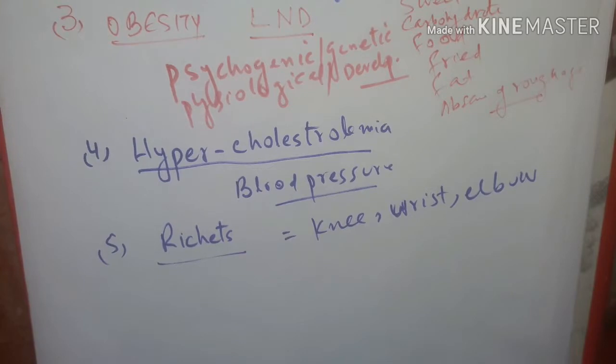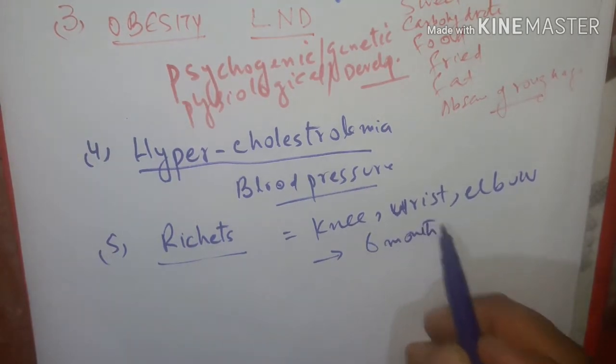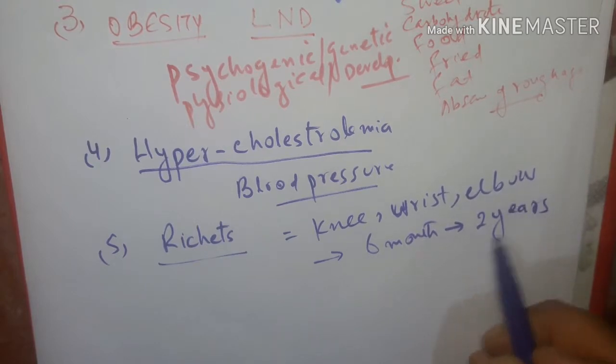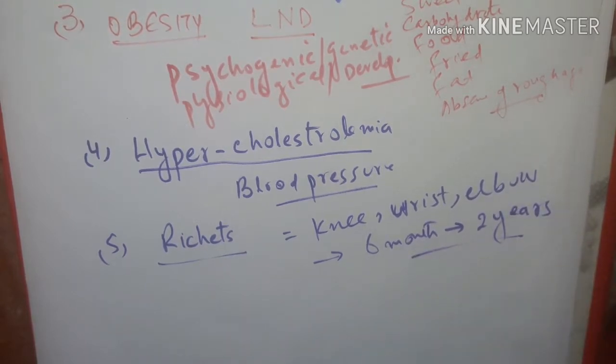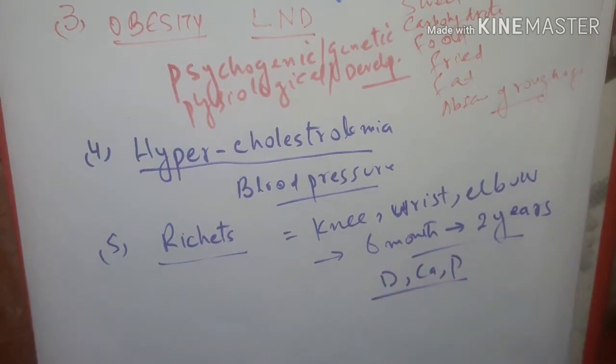It occurs in children of 6 months to 2 years, when their diet is deficient in vitamin D, and in calcium and phosphorus. So three important factors. This is rickets.